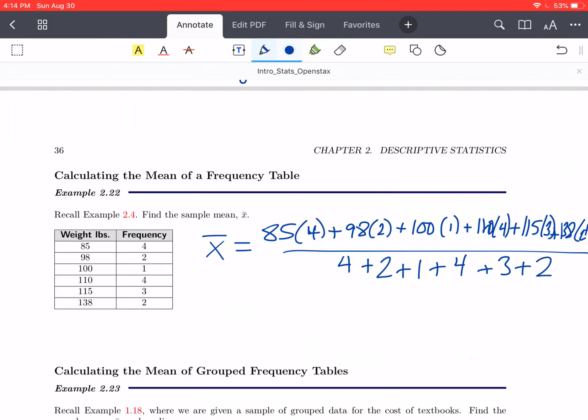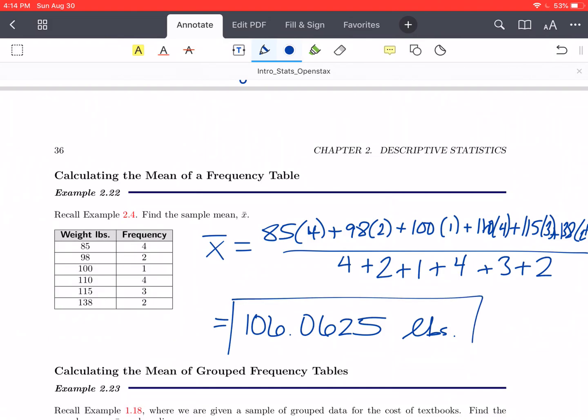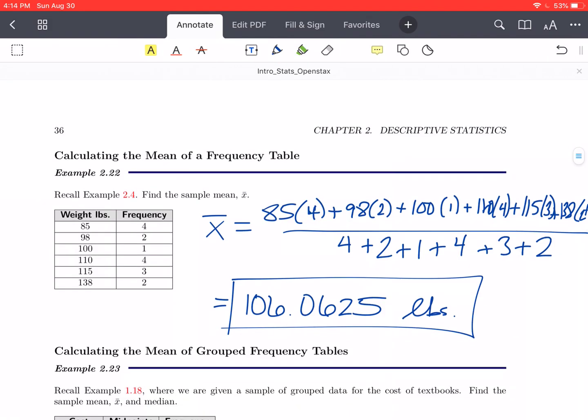Obviously these numbers are way too big to do by hand, so we'll just plug it into technology, and we get 106.0625 pounds. Okay, so the mean weight of the models in this sample is about 106 pounds. So when dealing with a frequency table, we can utilize multiplication to simplify our work a little bit.